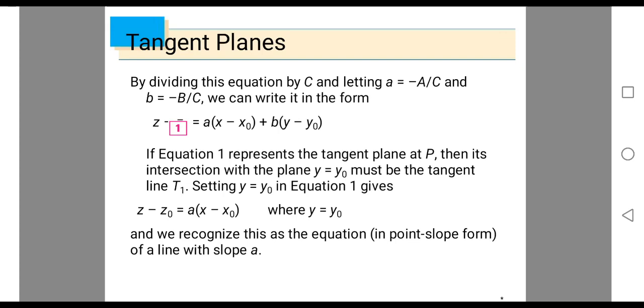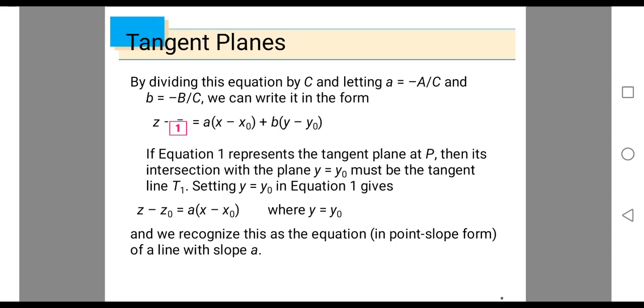Then its intersection with the plane y equal to y naught must be the tangent line T1. Remember we had our diagram in the last slide, number 4 perhaps. We saw that there was T1, on the point where y is equal to y naught, the y coordinate.